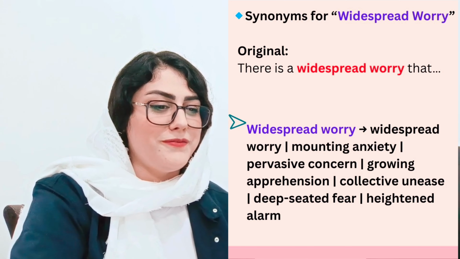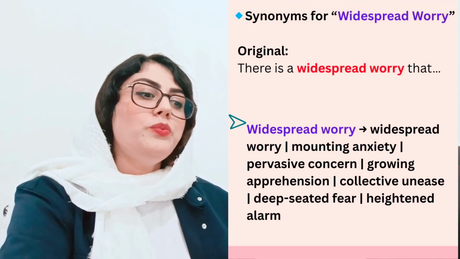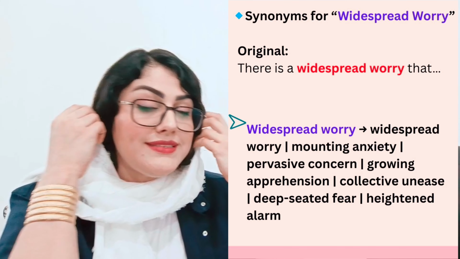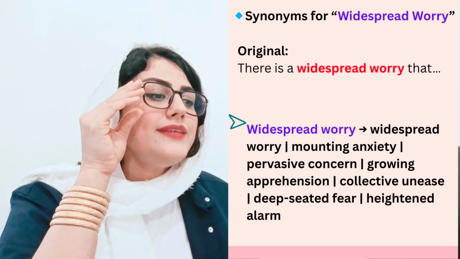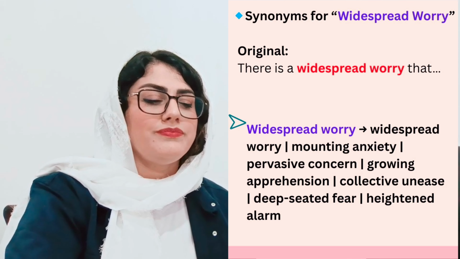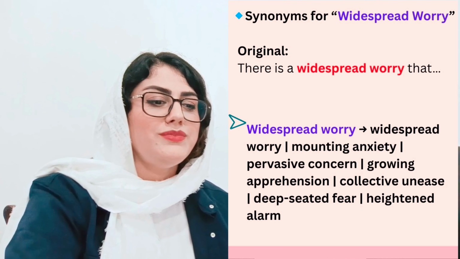And if the worry is very urgent and intense, you can say heightened alarm. Notice that each synonym has a slightly different shade of meaning, so you can choose the one that best matches the idea in your essay.